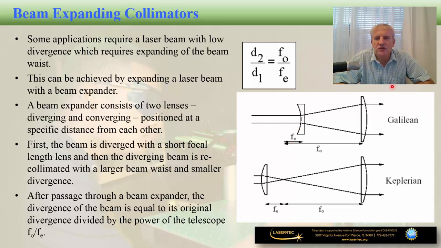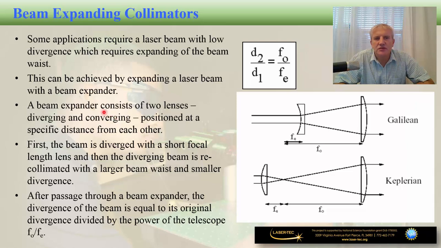However, what we want to achieve on the other side is a much wider laser beam, but at the same time a beam that does not diverge, meaning its diameter stays the same. So the purpose or the function of this two-lens optical system, known as a beam expanding collimator, is to expand the beam, but at the same time to maintain its divergence.